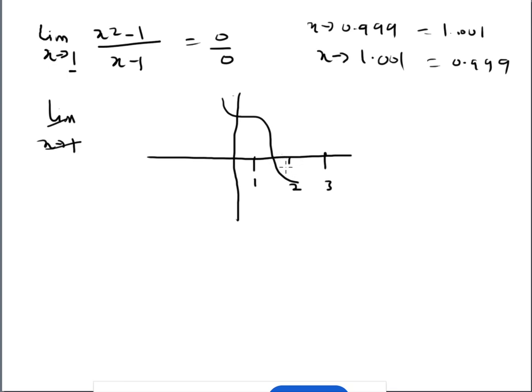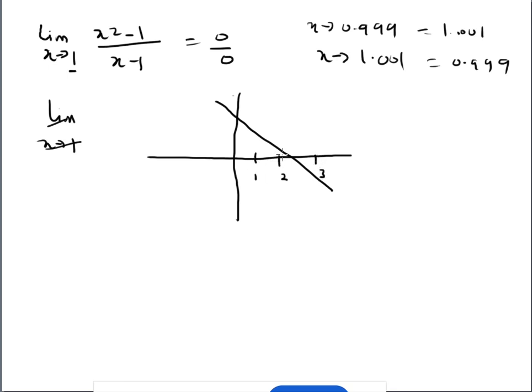Okay, let's say 1.5. So as x approaches 1.5, we can simply, oh no, let me not use 1.5. I think it's not clear enough. Let me use something quite obvious. Let me use a straight line. Let's label this 1, this as 2, and this as 3.